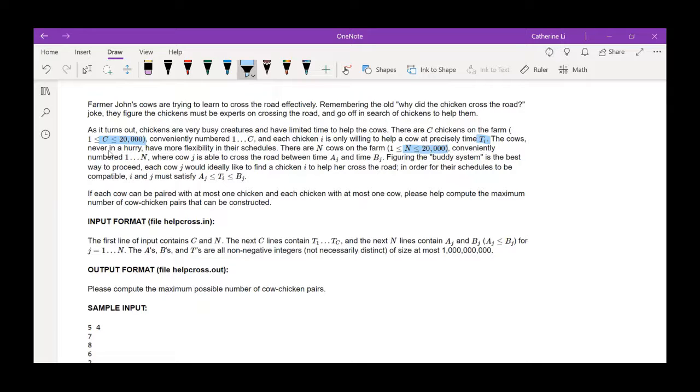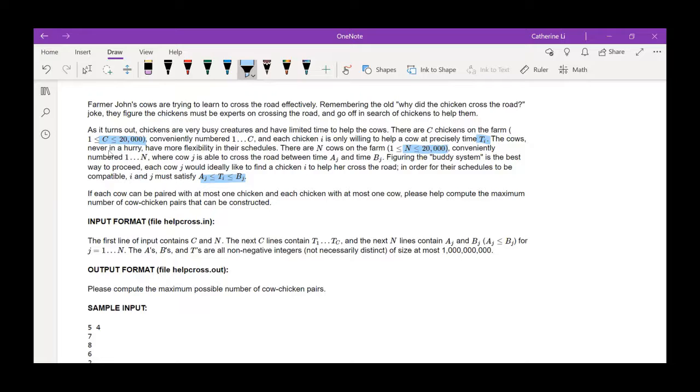Each cow has a range of times from A to B that it can cross the road at, and a cow and a chicken are compatible and can cross together if the chicken's time is in the range of the cow's time.